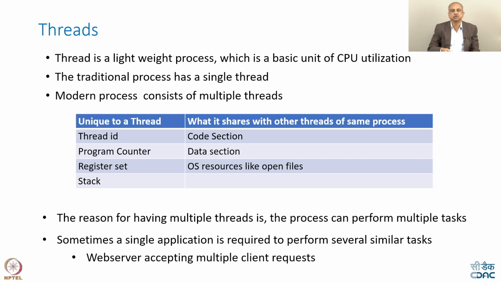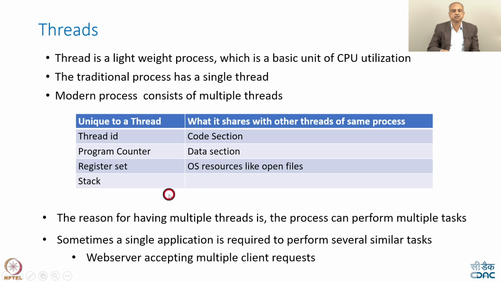A thread consists of a thread ID, a program counter, a register set and a stack which is unique to every thread, whereas what it shares with other threads is the code, the data and the OS resources like files that are open for reading and writing.